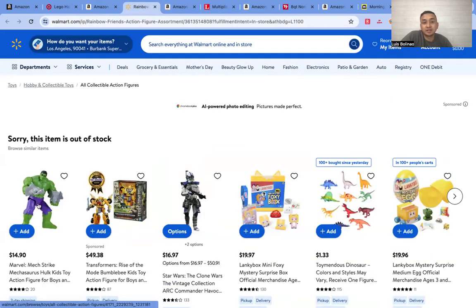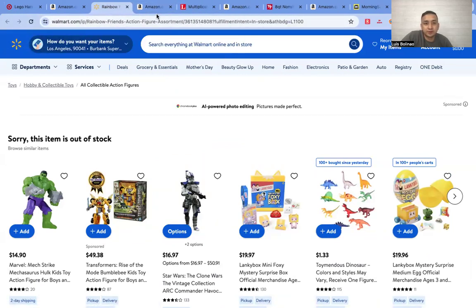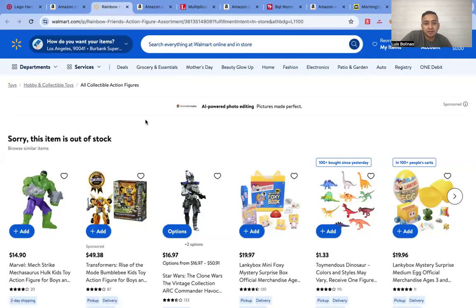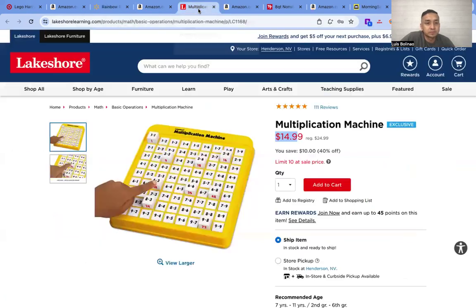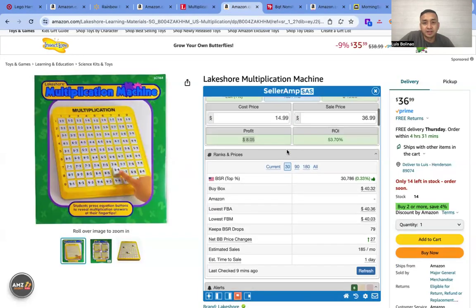Okay, this one's out of stock. So for this one, I would do a little different example. Sorry, Sam has a question. So Sam is asking, can you look up a product by just its sales volume? What do you mean by sales volume? Like sales per month, you mean? Yeah, well, the sales per month is this number right here.